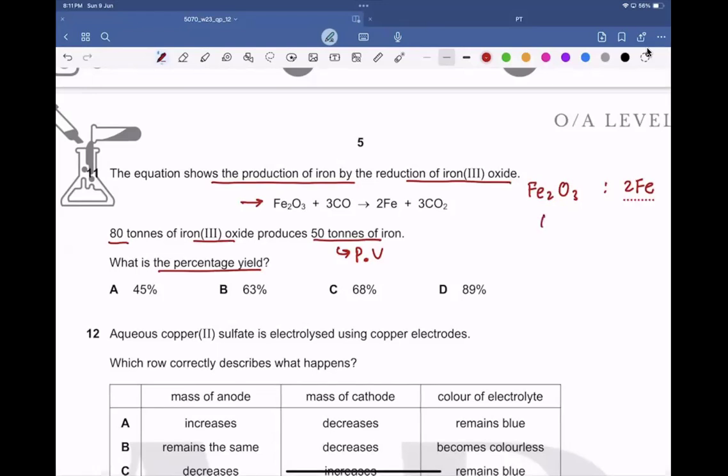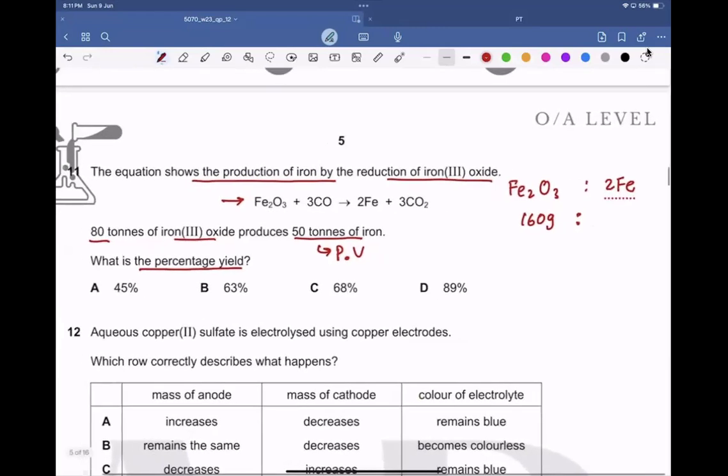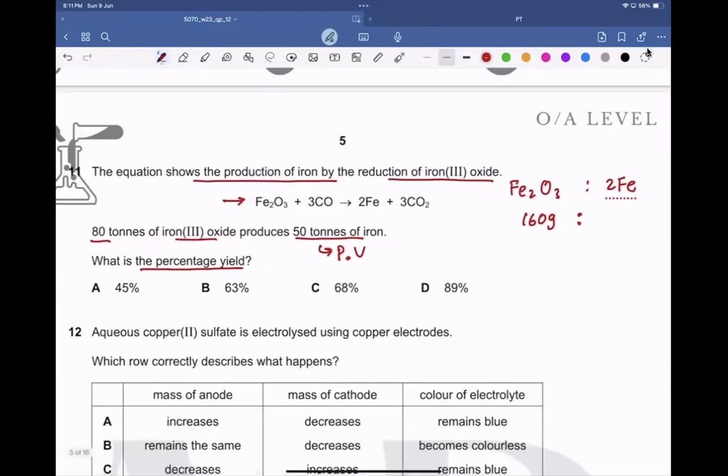So it's 160. So 160 grams of iron 3 oxide is producing 2 moles of iron, and the AR of iron is 56. So 56 times 2 gives you 112. So that's the ratio we got. Is this understandable to all of you?